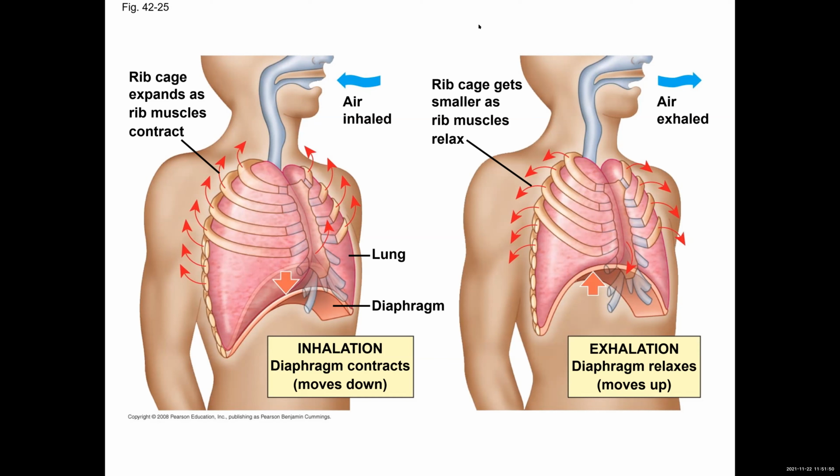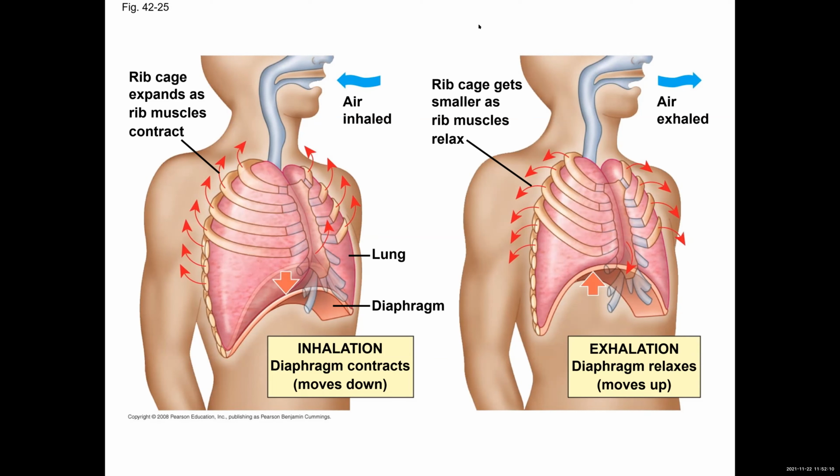When we relax the diaphragm, it moves up, right? It pushes on the thoracic cavity, and also this really neat structure that the ribs have, the shape of them and how the muscles are fastened to them, means that the rib cage also is getting smaller.